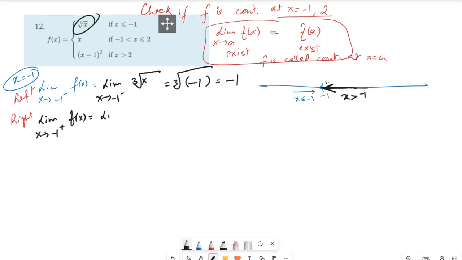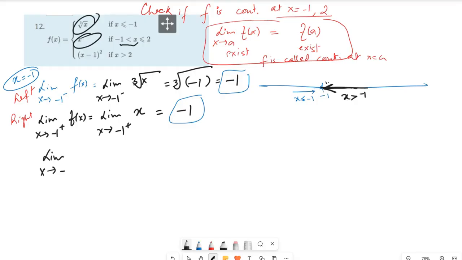So the function used for the right limit has to be x. When I put -1 in there, it's -1. These two numbers are equal to each other. Left and right limits are equal. Therefore, the limit of the function as x approaches -1 exists and is equal to -1.